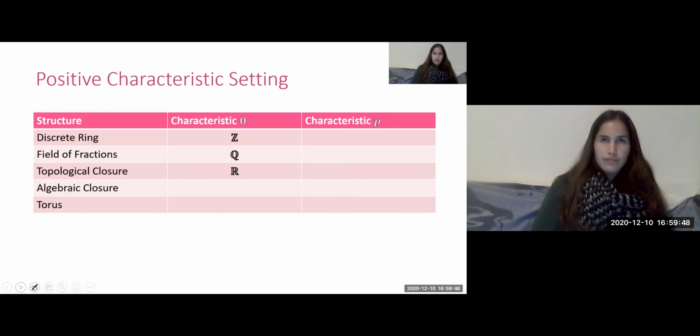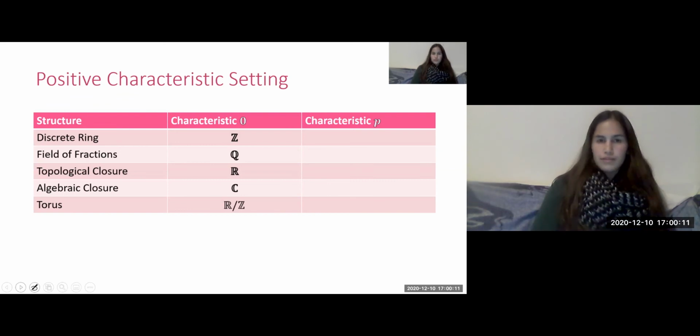We don't need it for our setting, but I'll put it in so that you can enjoy more courses in algebra. For R, we can take the algebraic closure, and that's going to be C. And now the torus, as you all remember, was R mod Z. That's the topological closure modulo the discrete ring.